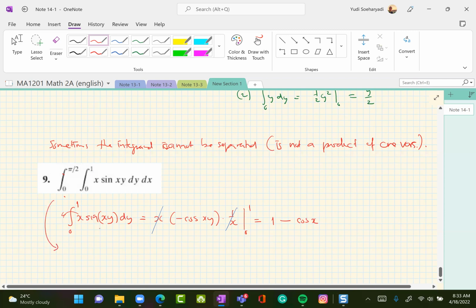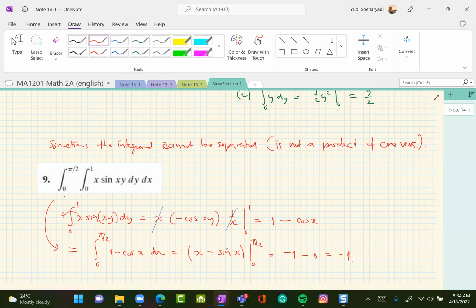So this one is equal to 1 minus cosine x. Then integrating with respect to x, this is just x minus sine x, from 0 to 1, so 1 minus sine 1. Okay, that's an example for this.